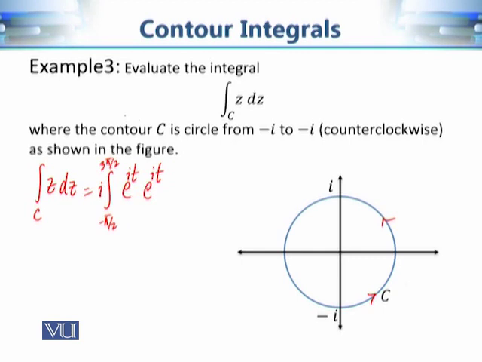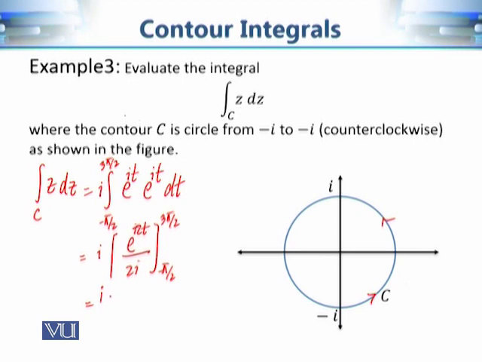This iota comes from the derivative of z of t, dt. So this becomes iota times e raised to power iota 2t, and we know the integral of e raised to power iota 2t is e raised to power iota 2t divided by 2 iota, with the limits minus pi by 2 to 3 pi by 2.